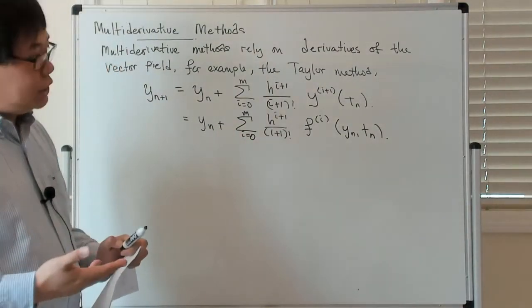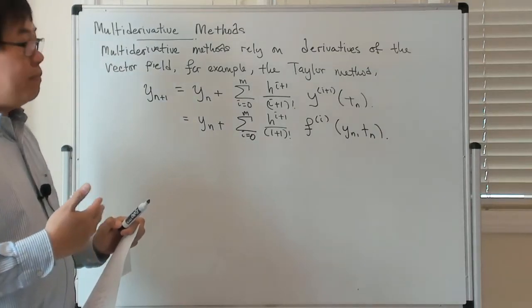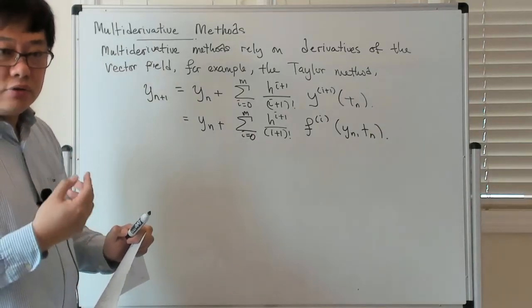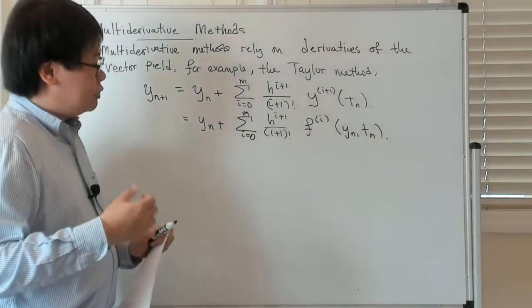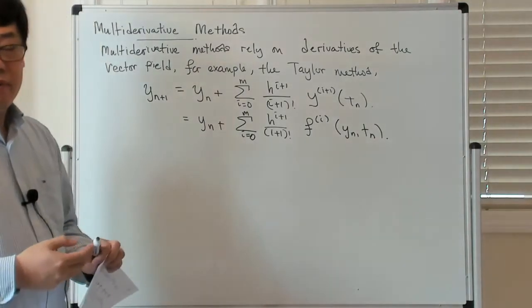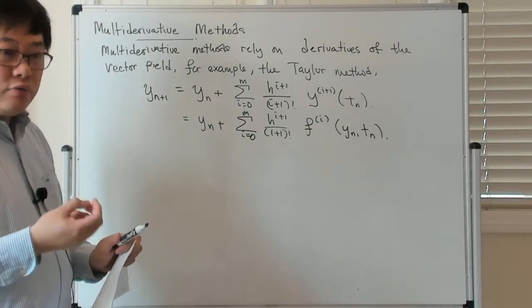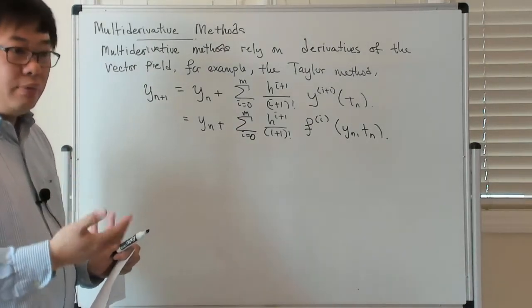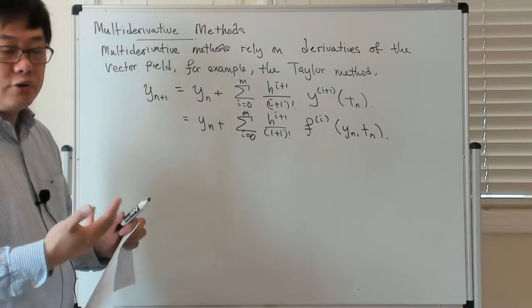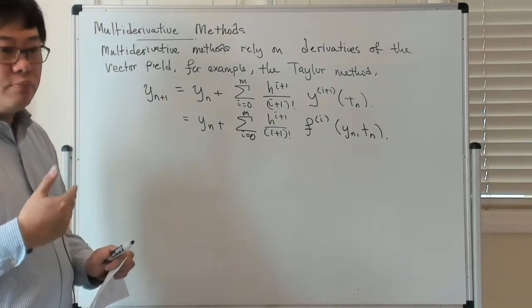So the disadvantage immediately of multiderivative methods as a practical tool is that you have to put in the upfront effort of analytically computing these derivatives of the vector field. And so what that means is that for each problem which you have, each system of differential equations which you have, you have to put in that effort.